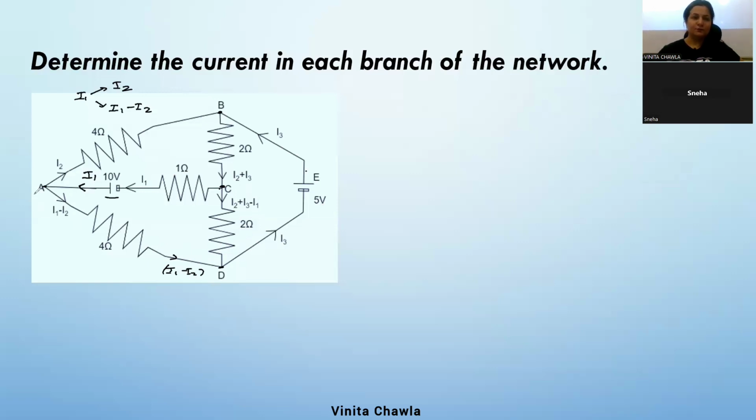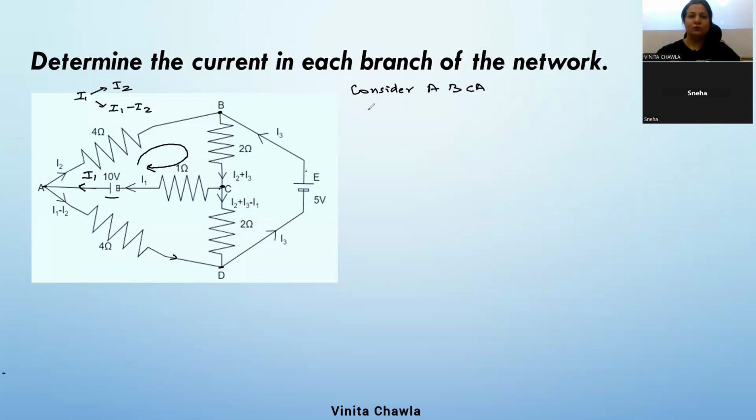गुड. Now we will consider the loops. We will apply Kirchhoff voltage law here. So let's first consider this loop A, B, C, A. So through A, you can see I2 current is there.